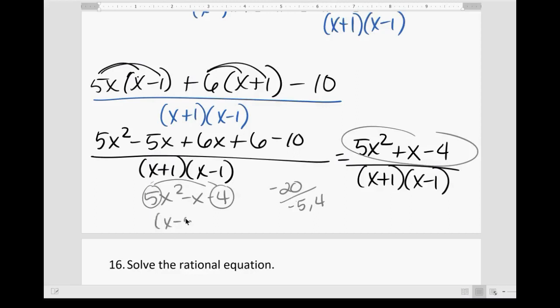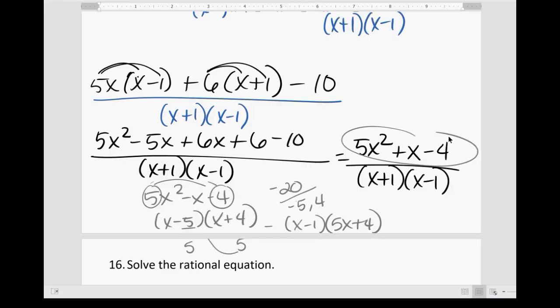So that'll be x minus 5, x plus 4, but I have to divide by 5. So that's going to be x minus 1 times, slide and divide, 5x plus 4. Okay, so here at the top we can factor.